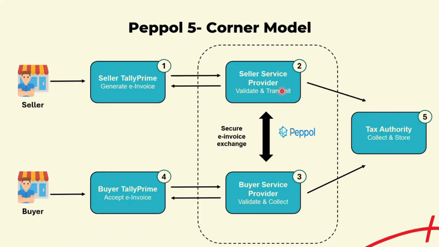Here the data, that is your invoices, is being transmitted across multiple corners in XML format. XML is the format through which the data exchange happens from your product to your ASP, then your customer's ASP, then your customer's product, and then to your tax authority.